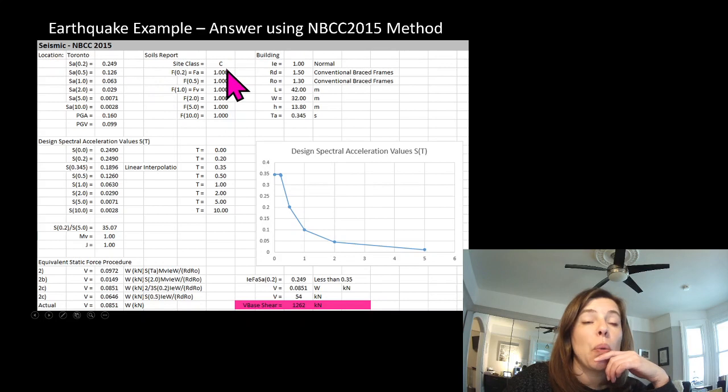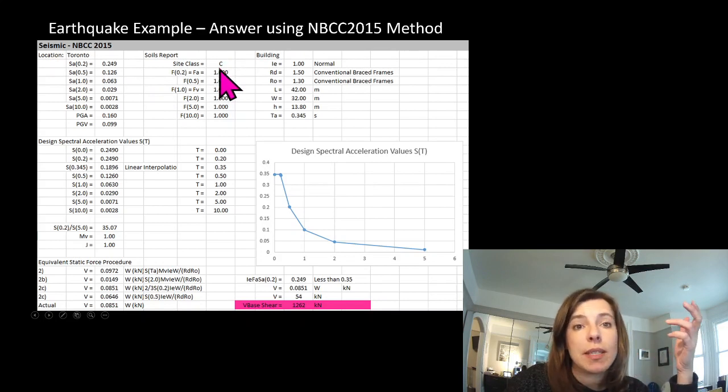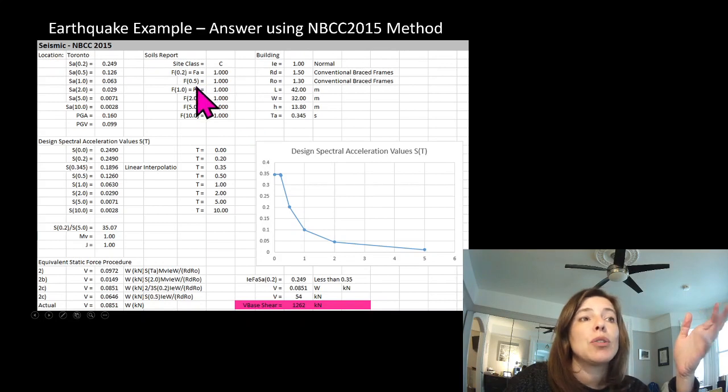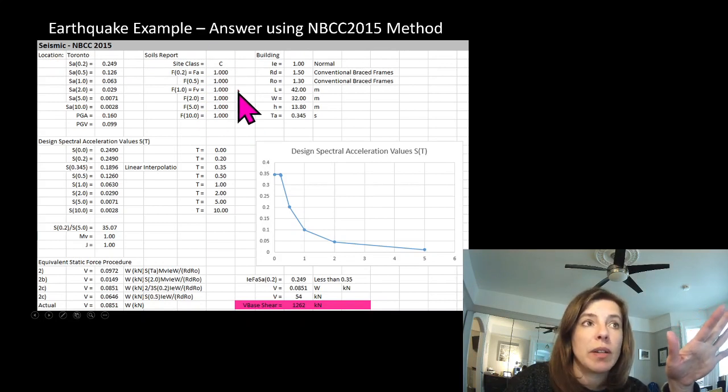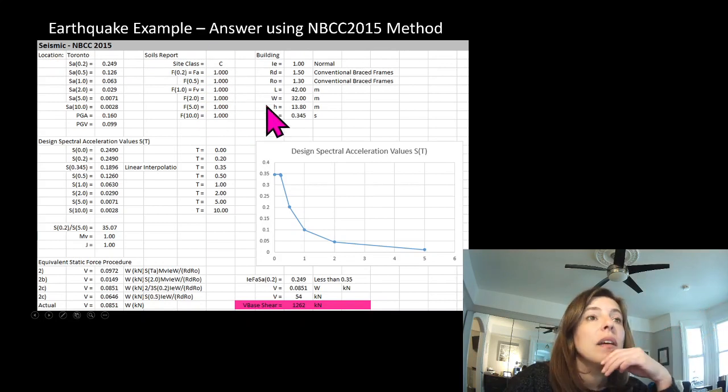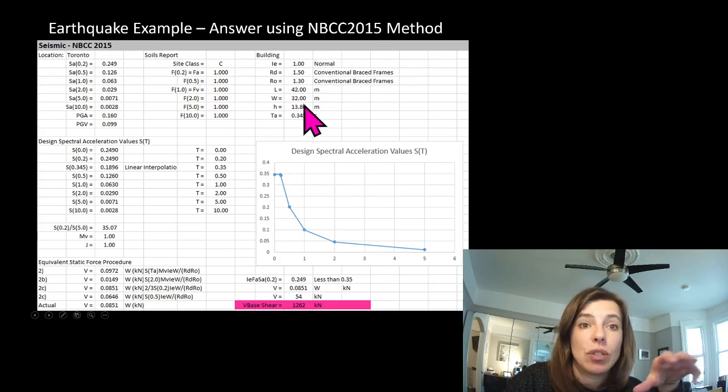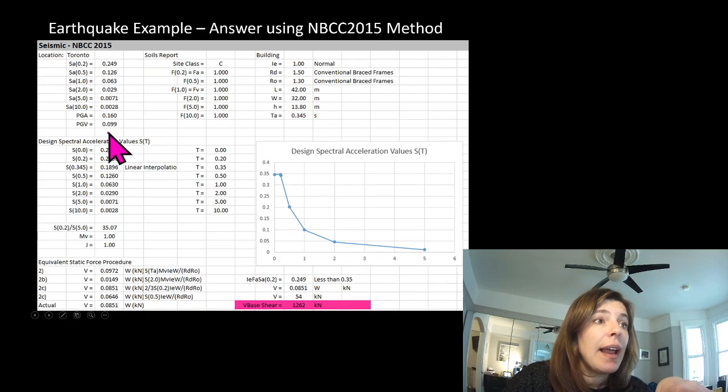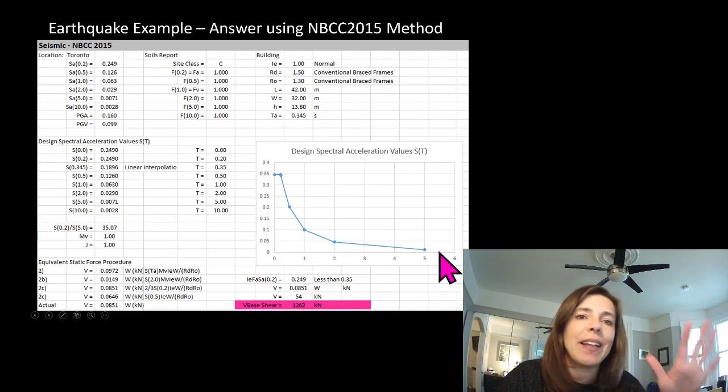This would be from a soils report. Now, I assumed site class C. Again, this is beyond what you would need to know, but this assumes a pretty basic soil type. We often have D. And this is about the building. So these are all factors to do with the building itself. And then I have to calculate all of this. Here's a chart. Again, you don't need to know this.